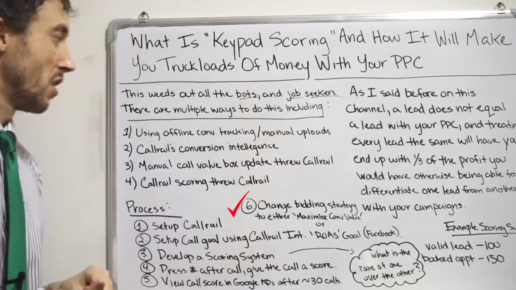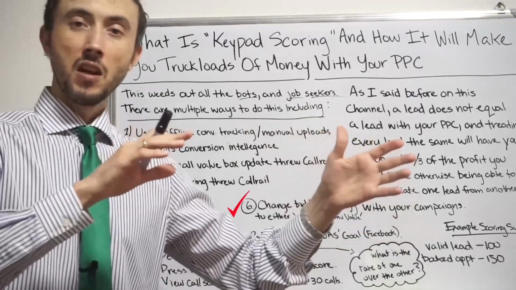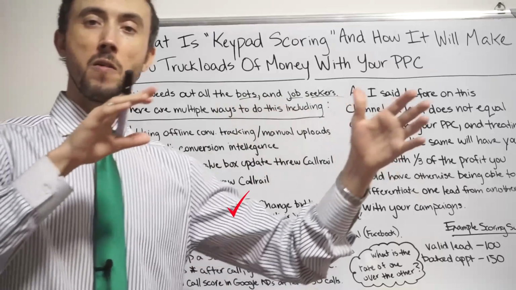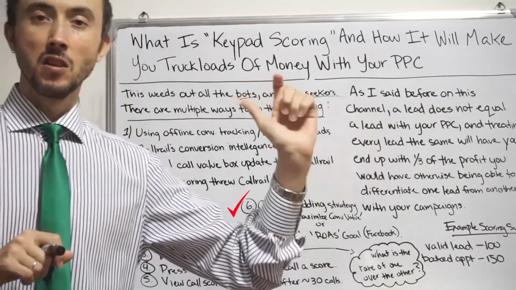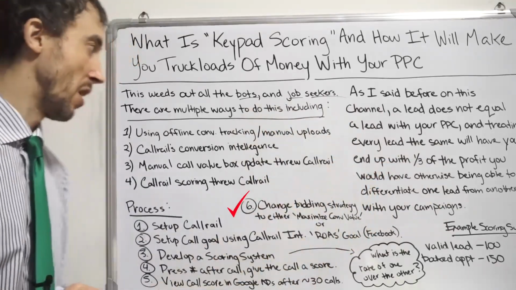So instead of using the ad platform's algorithm to optimize for calls, it's going to start optimizing for quality calls, because it's going to look at the value number to optimize your campaign versus the number of conversions that came in.